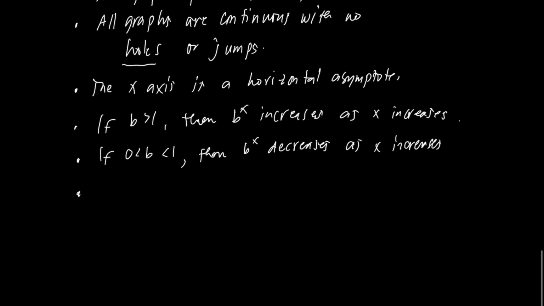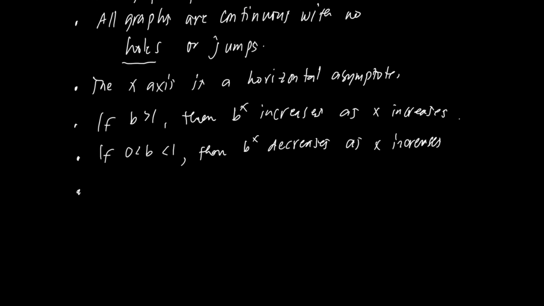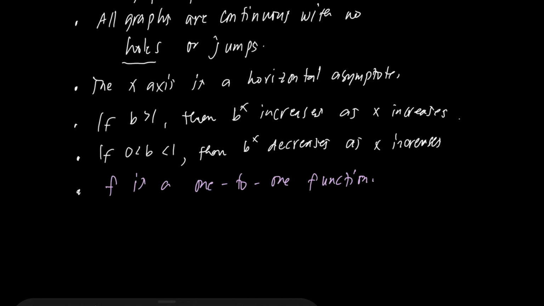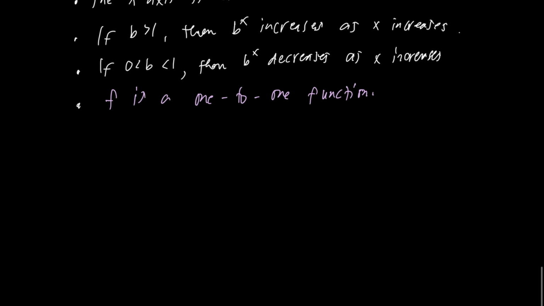So therefore, based on our previous video or discussion, the f here is a one-to-one function. And what can you say about a one-to-one function? What is the implication if a function is one-to-one?